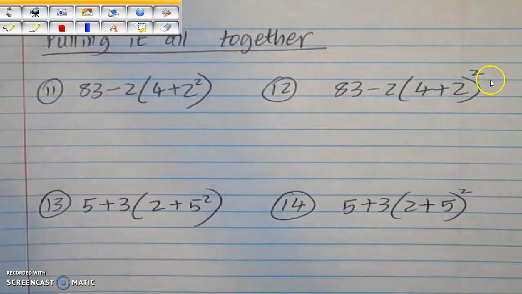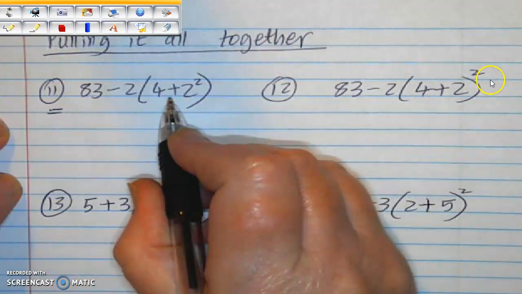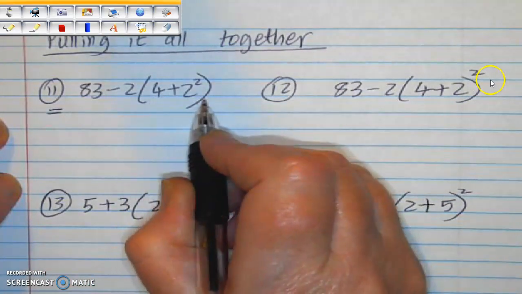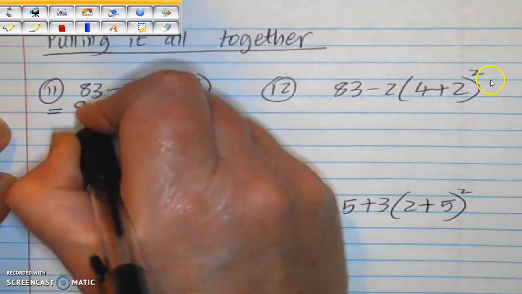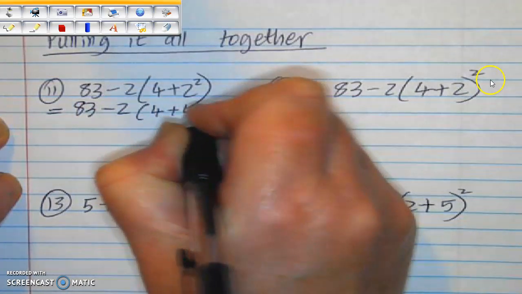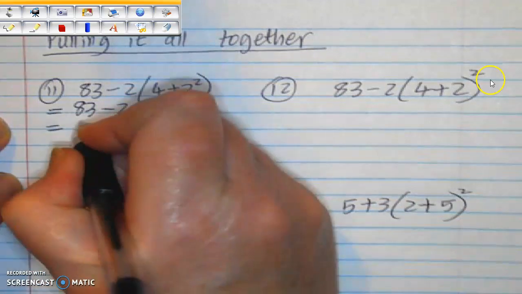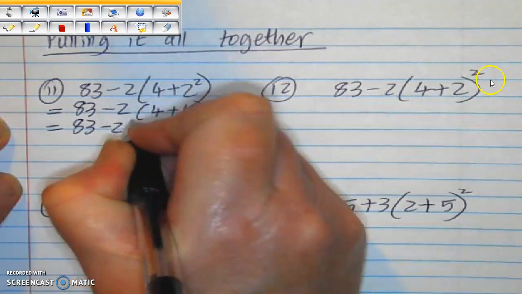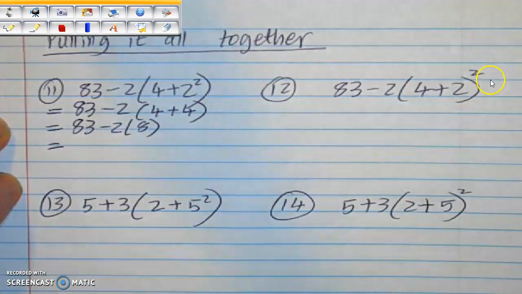Okay, let's look at number 11. Grouping first, inside the parentheses. 2 squared is 4. Four plus 4 is 8. Two times 8 is 16.